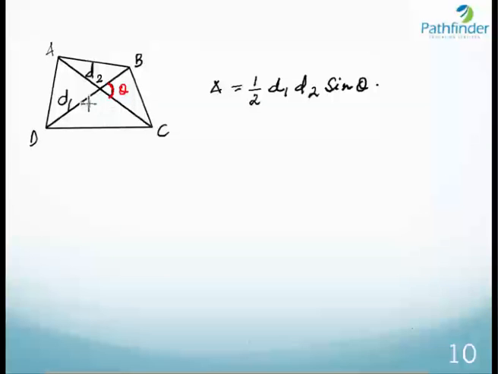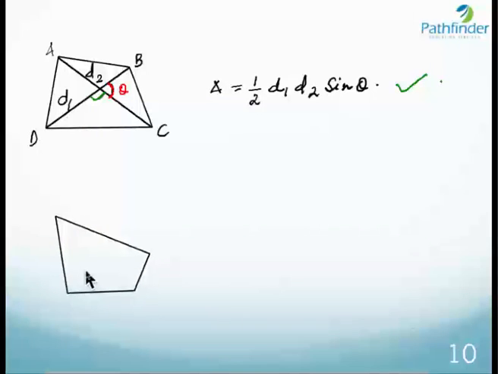We could have any of these two angles as theta because sine of theta is equal to sine of 180 minus theta, and even if we were to take this angle as theta, it would not affect our answer. So area of a general quadrilateral is given by half d1 d2 into sine theta.